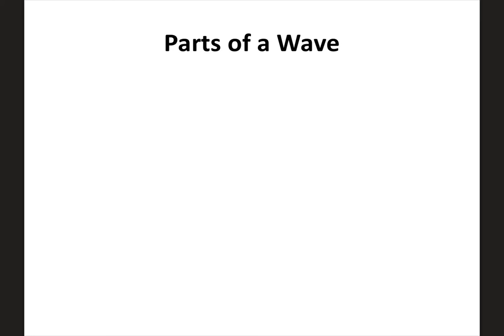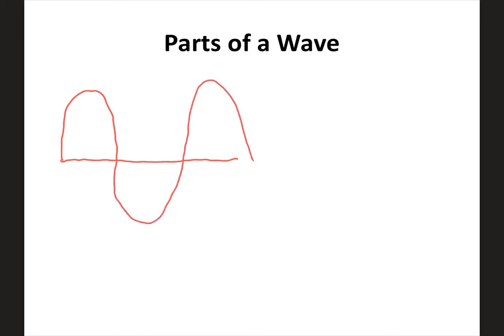We want to be able to understand the parts of the wave, so I'm going to do a quick drawing. If you were to look at a wave, you would see what you would expect: it goes up, down, and then back up, down, and so on. Now we label the parts.